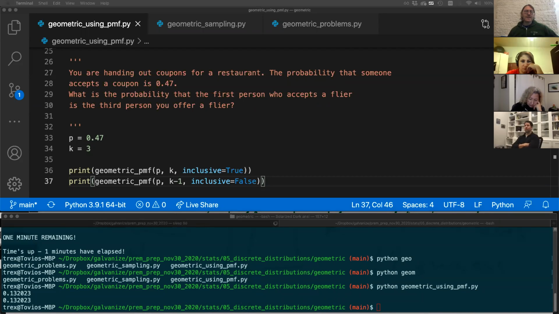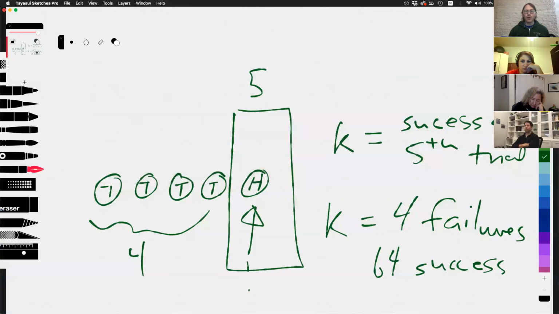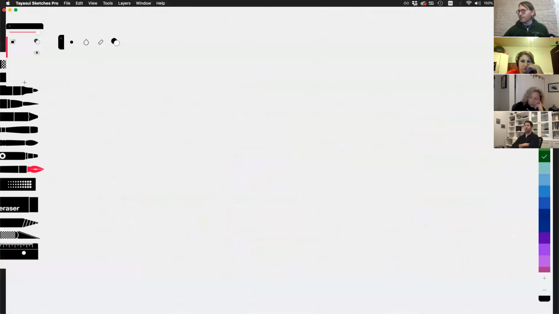Now, the thing is, I noticed a number of you, when you set it to true and then set it to false, you didn't change K, right? We have to think of K as being different when we use an inclusive PMF over the exclusive PMF. The reason, and I'll just jump back over to this drawing, we're talking about success on the third person, right? So we've got person 1, failure, person 2, failure, and then person 3, success.